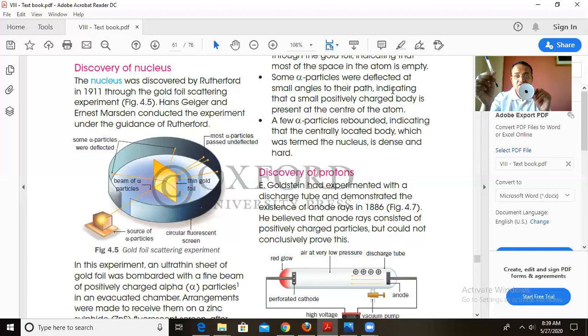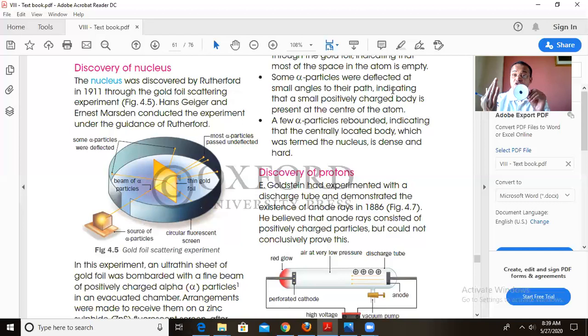As some of the alpha particles were deflected on the fluorescent screen, there must be a small, tiny positively charged body present at the center.